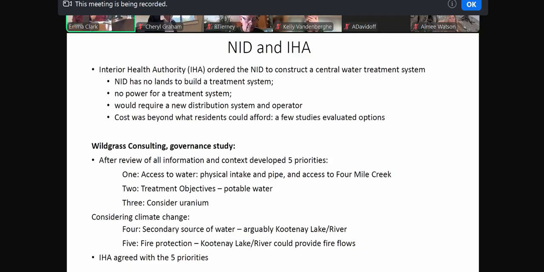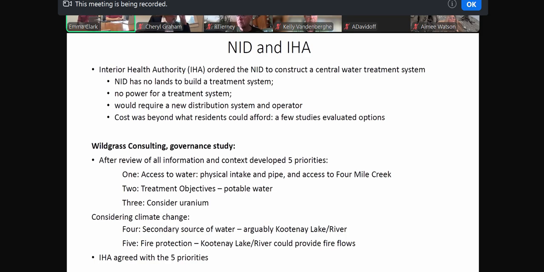Masukin didn't have any treatment, so they were ordered by IHA to build a central treatment system. The challenge that arose immediately was that NID has no land to build a treatment plant, so they have to buy land. And where do you buy land there?